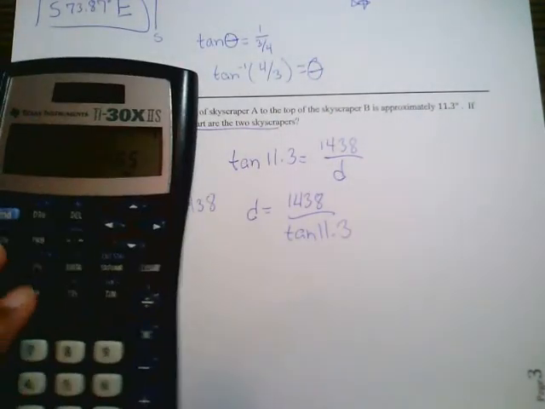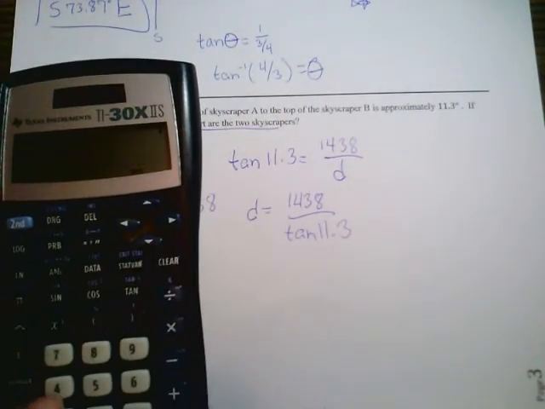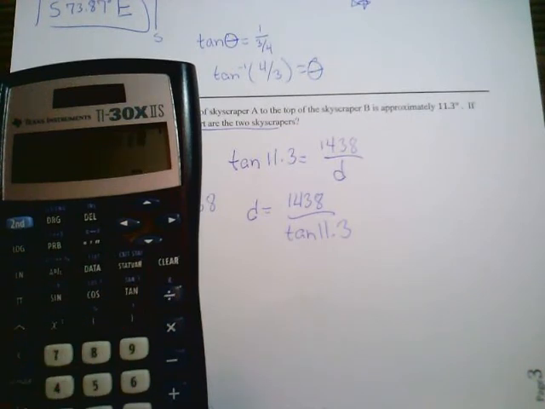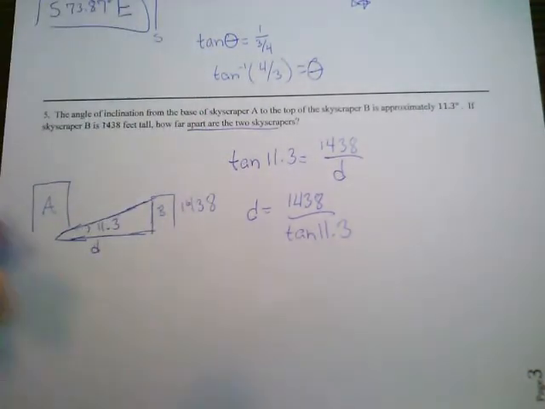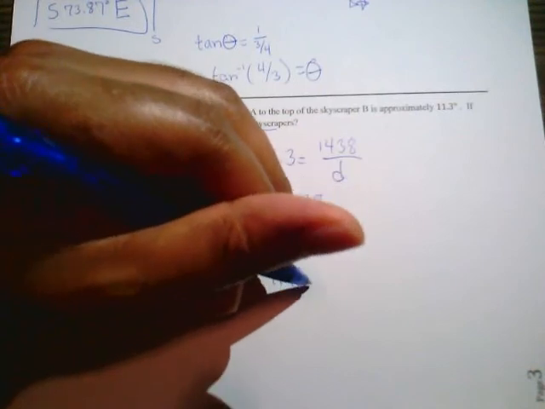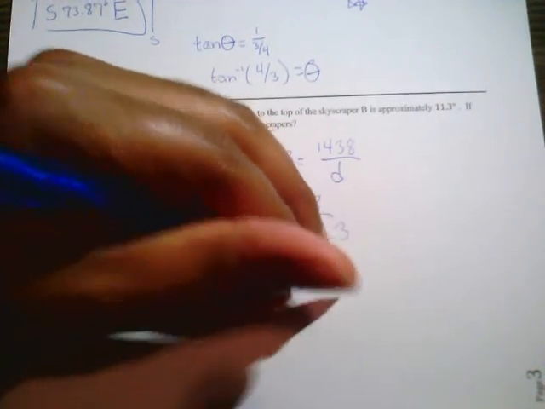So D equals 1438 divided by tangent of 11.3. And that leaves us with 7,196.49 feet away.